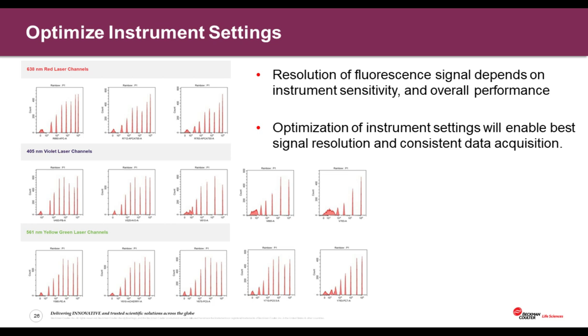So what that tells you technically is where exactly your instrument sensitivity is and how far you can push your analysis, which channels you can place your dim markers on, and how you can analyze your samples the best.